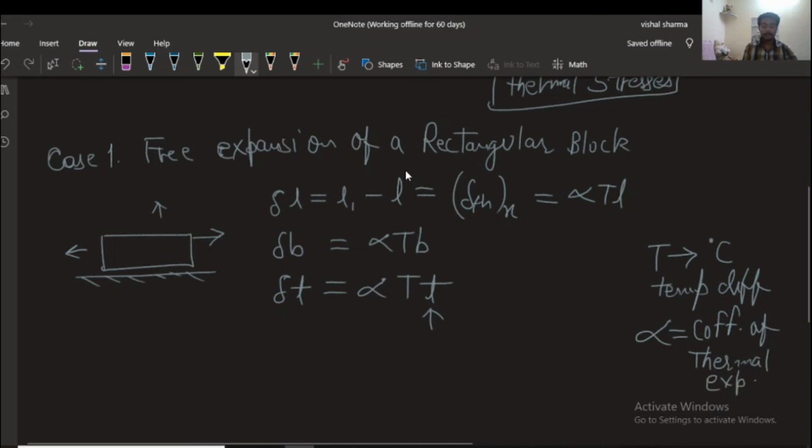So from here we can see that the thermal strain in the X direction is greater than the thermal strain in the Z direction, which is greater than the thermal strain in the Y direction. Only in the case of the cube will all three be equal.